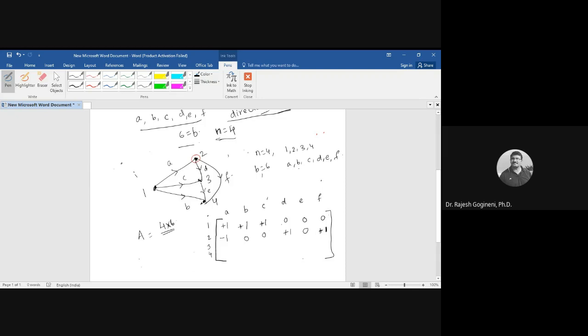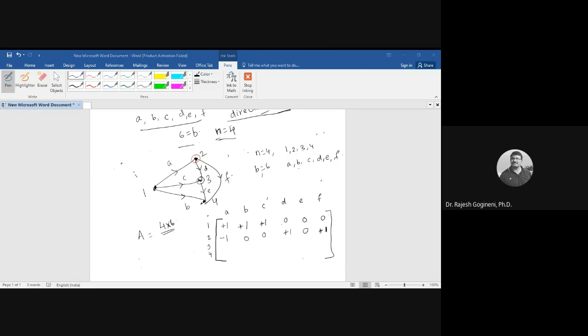Next, node 3. How many entries are there at node 3? Incidents. What is the degree of node 3? What is meant by degree?